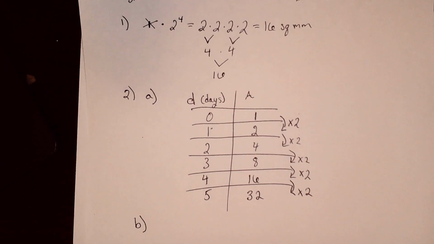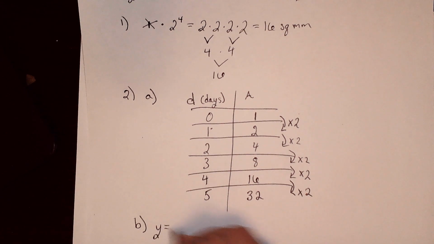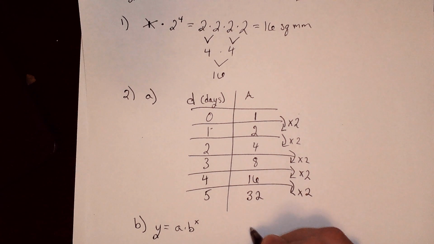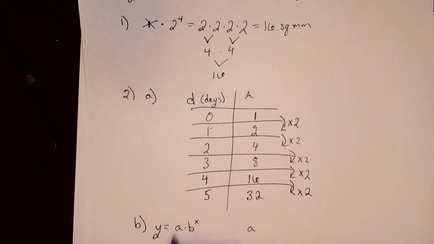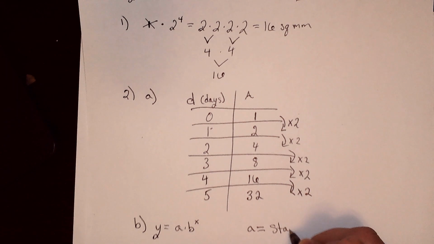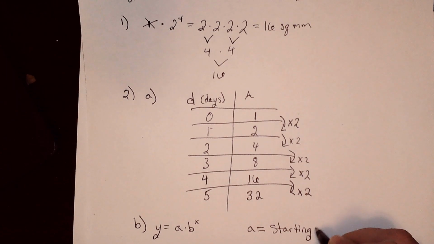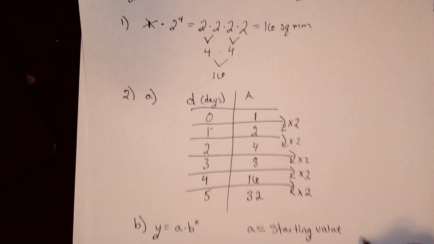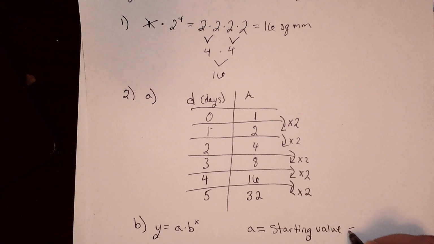Part B is asking us to represent it through an equation. So our exponential equations are in the form of y equals a times b to the x. Let's start by figuring out what our a value is. A is going to be our starting value, which we know on day 0 she measured at 1 square millimeter.